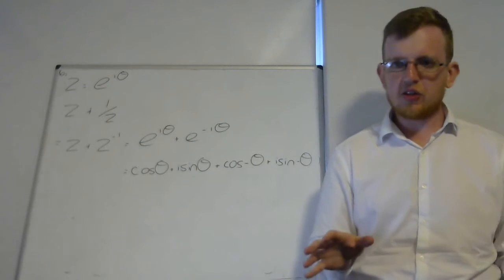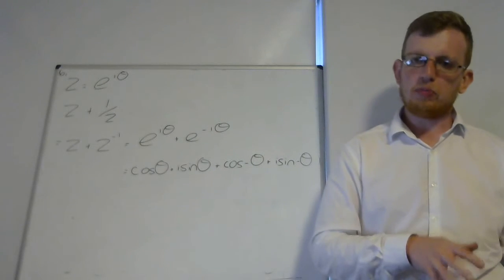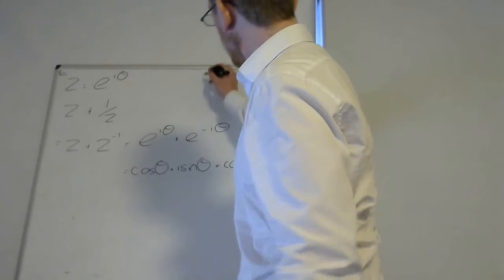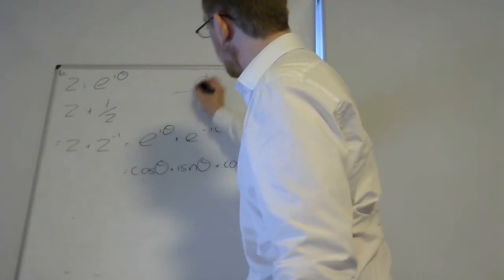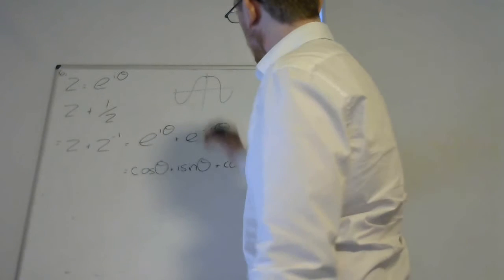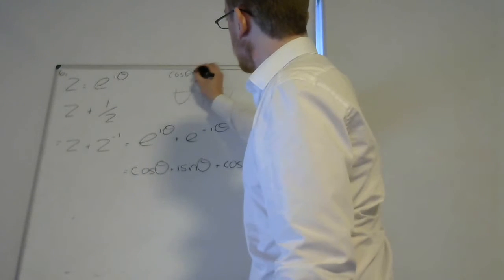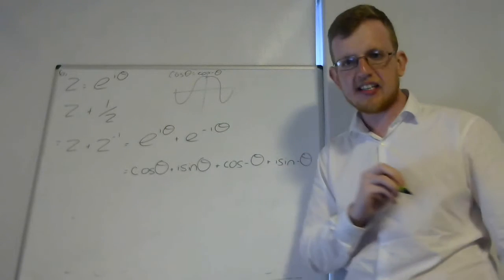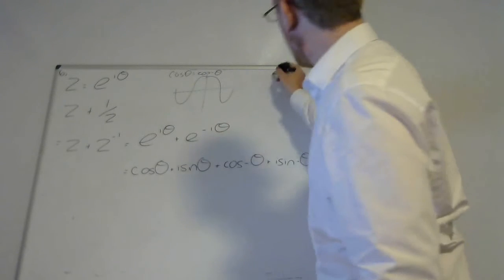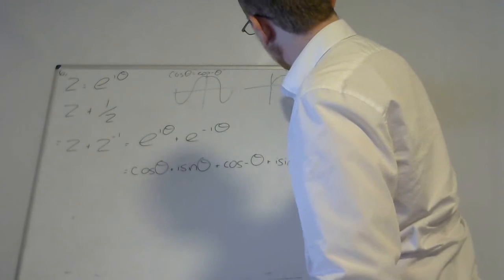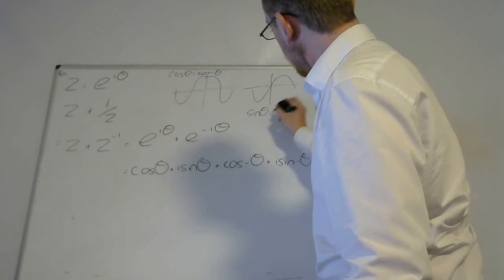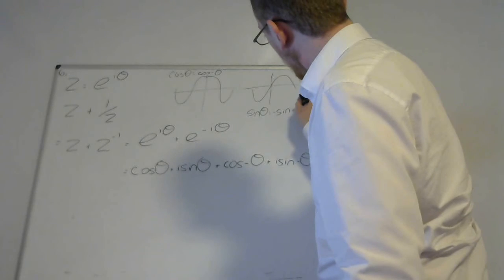I'm not going to spend too long talking about this because I did in one of my previous videos. Because cos is symmetric about the y-axis, cos theta equals minus cos theta. No, it doesn't. Cos theta equals cos of minus theta. And because sine is not symmetric, it's kind of flipped, that means that sine theta is equal to minus sine minus theta.